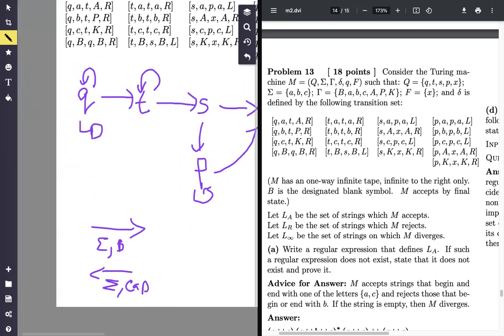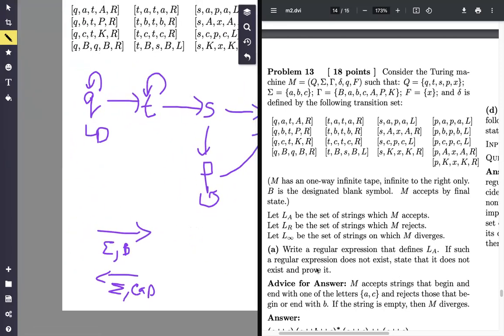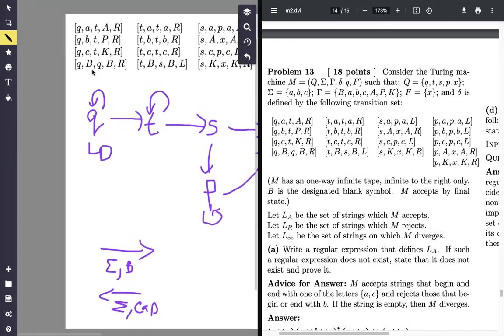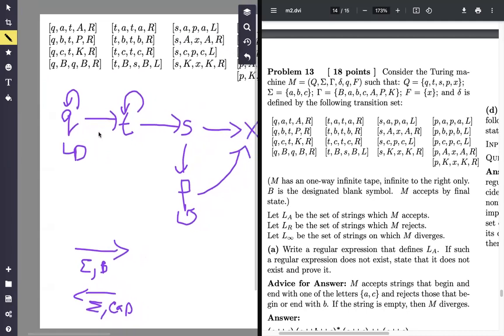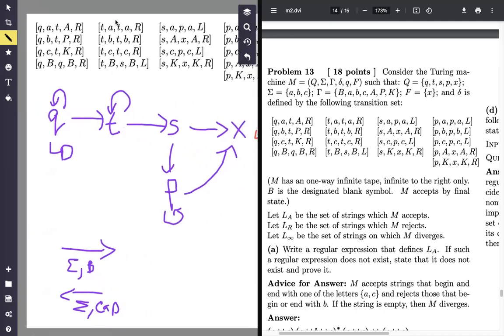Can Q handle anything in my alphabet? A, B, C. That's everything in my alphabet. Can it handle a blank? Yeah, diverges, but good enough. So we can't reject on Q. T. Can T handle anything in my alphabet? Yes. Can it handle a blank? Yes. We can't reject on T.